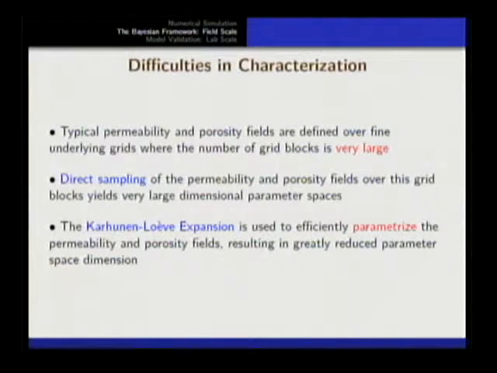So there are several headaches associated with this characterization step in this framework. Typically, permeability fields are defined in very fine meshes, and so we would have to populate a huge number of mesh blocks, and direct sampling is related to a very high-dimensional space. So a typical step in this framework is to use the KLE expansion to parameterize the uncertainty.